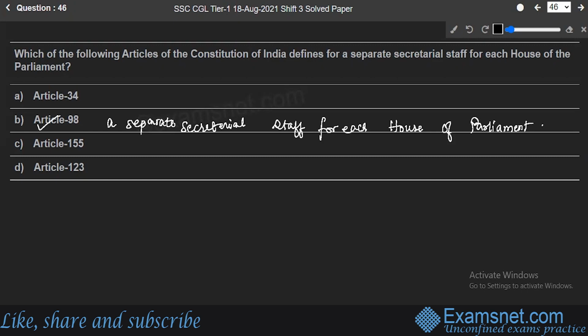Article 34 provides for restrictions on fundamental rights while martial law is in force in any area within the territory of India.